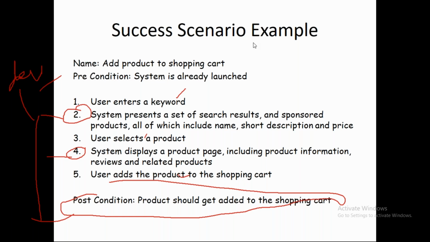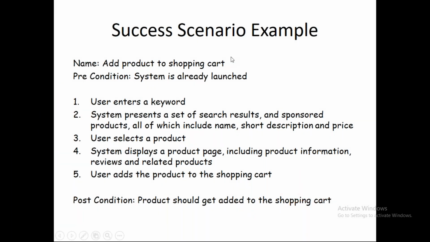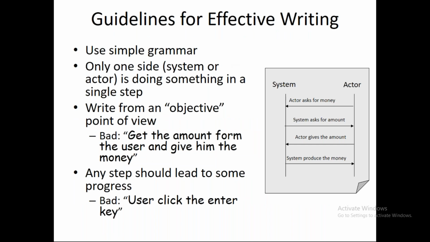Okay, all right. So now we talked about the success scenario example. Next we talk about the guidelines for effective writing. Use simple grammar always. When you are writing down the requirement, take a very straightforward approach in a simplistic manner. Only one side is doing something in a single step.